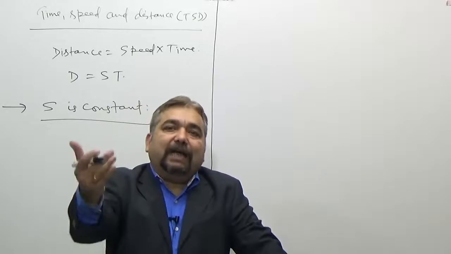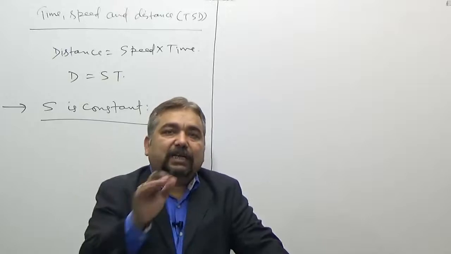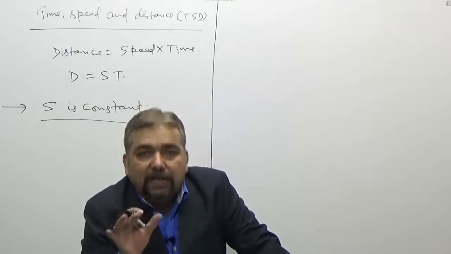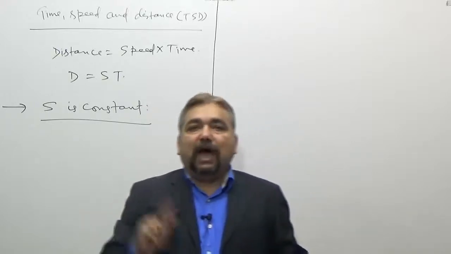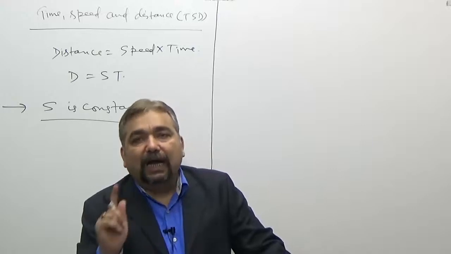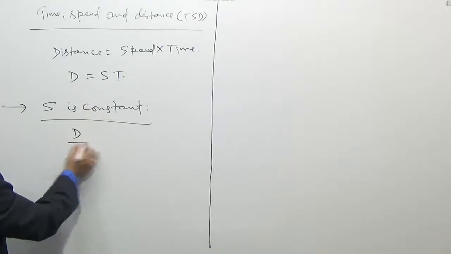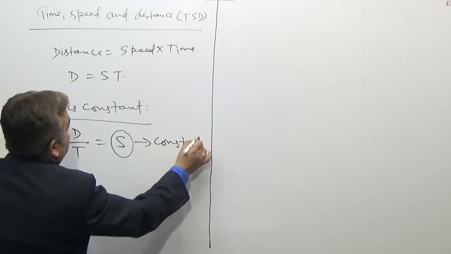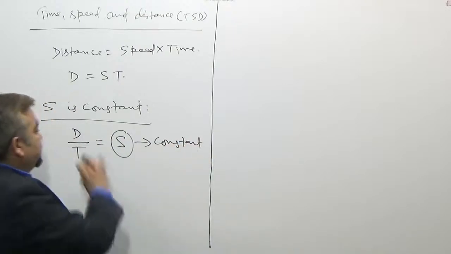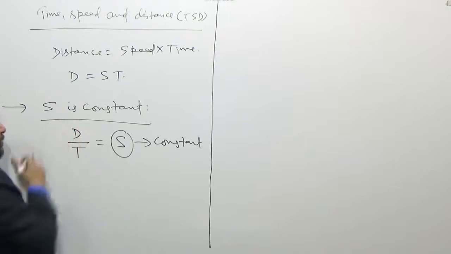So if you increase the time of travel, you will cover more distance. And if you decrease the time of travel, you will cover less distance, provided that speed is constant. It means distance and time are directly proportional. So when speed is constant, distance by time, which is speed, is constant. We know that when the ratio of two quantities is constant, the two quantities are directly proportional.